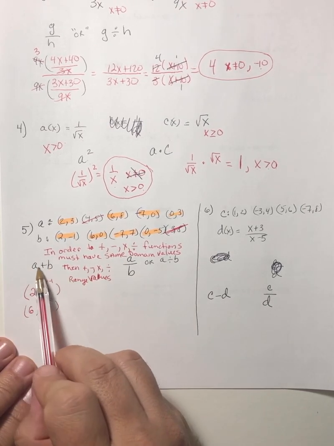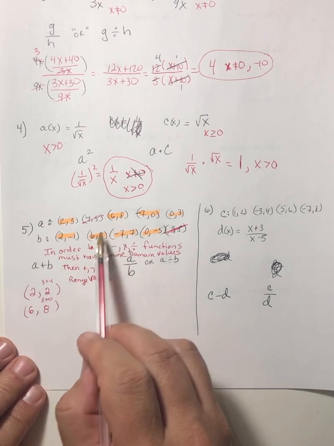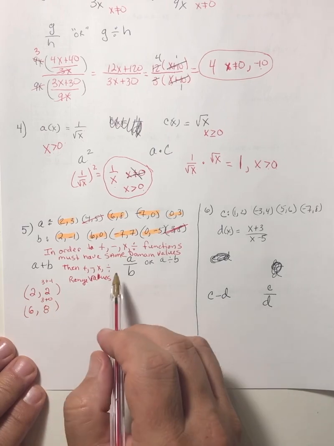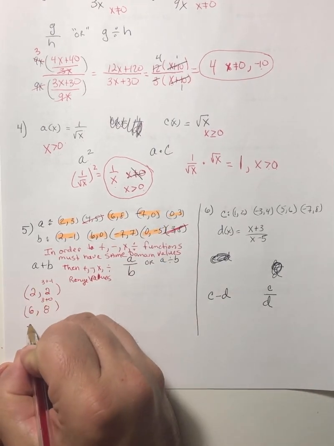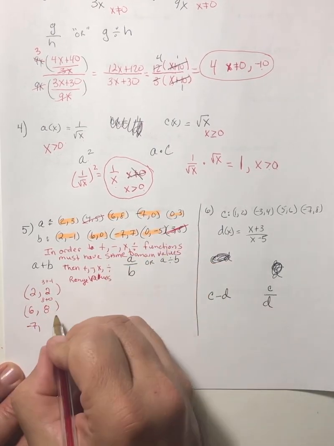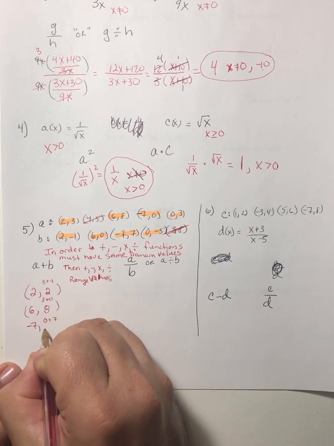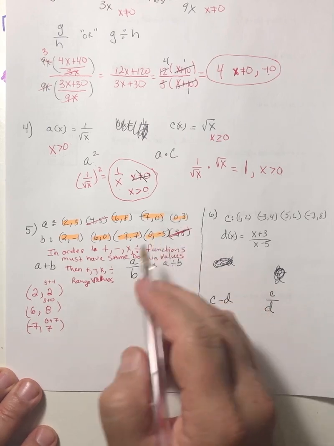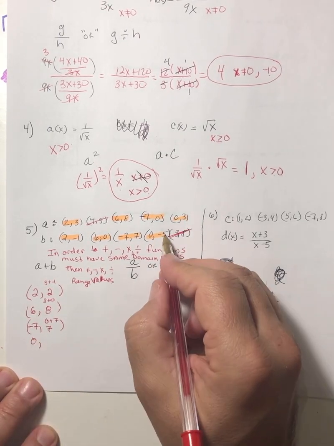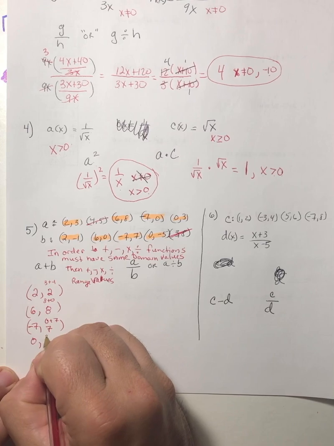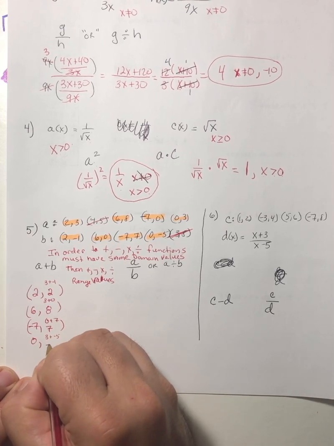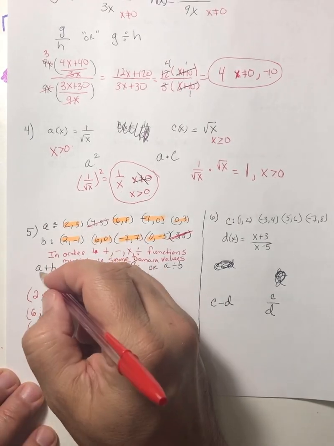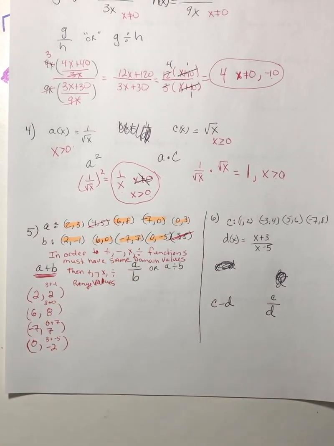Remember, for addition the order in which we write them down does not matter, but if it was subtraction, make sure you write them down properly. Then we have negative 7 and 0 plus 7, so that's 7. And then 0, and 3 plus a negative 5, which is negative 2. There, we just added those.